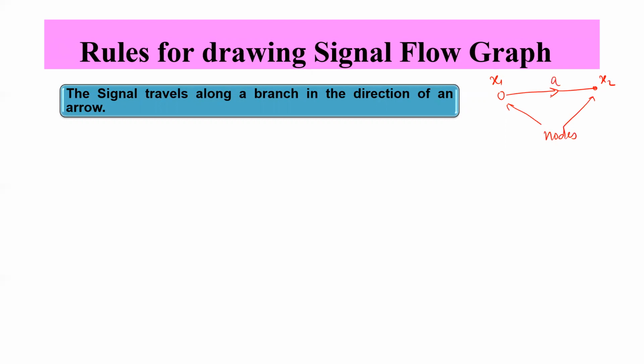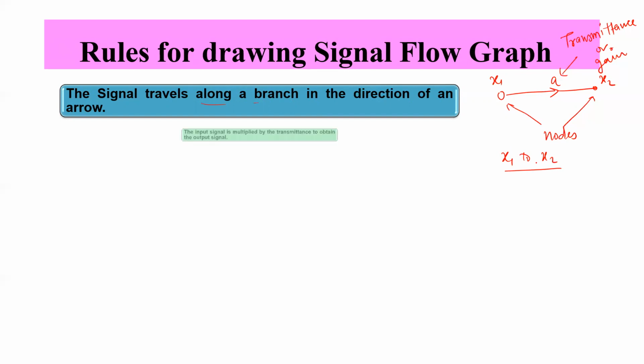And it has a gain here, which is the transmittance or gain. So this is an arrow. The signal travels along a branch in the direction of the arrow. So the signal is traveling from x1 to x2, right?